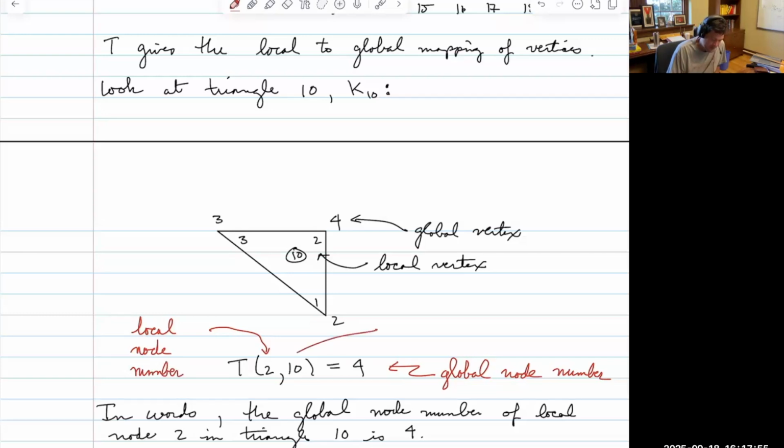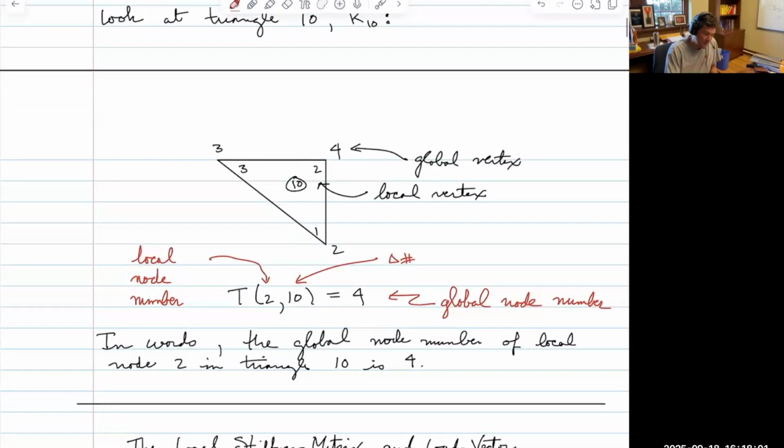And of course, this is our triangle number. Okay, so does everyone see what that information is saying? It's saying that the global node number that is associated to local node number 2 in triangle 10 is equal to 4. That's how you read that.